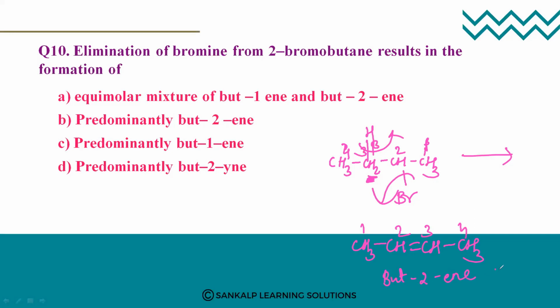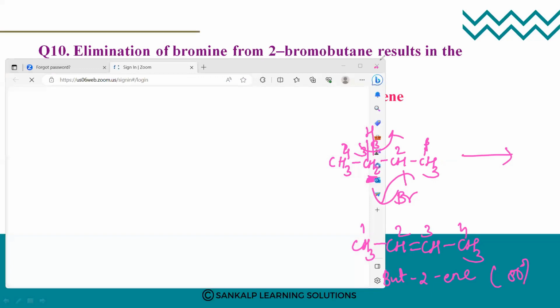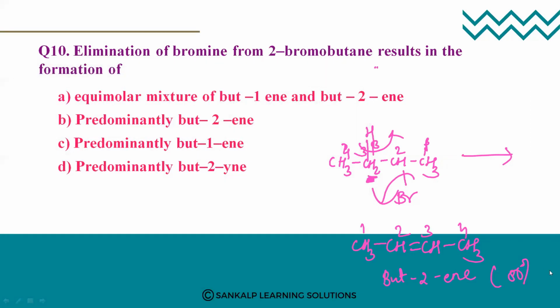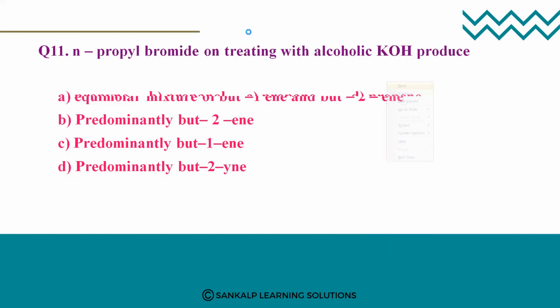This is the major product which is obtained. So our answer is the second option, predominantly but-2-ene. We'll go for the next one.